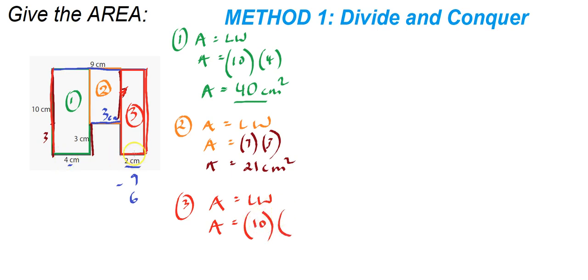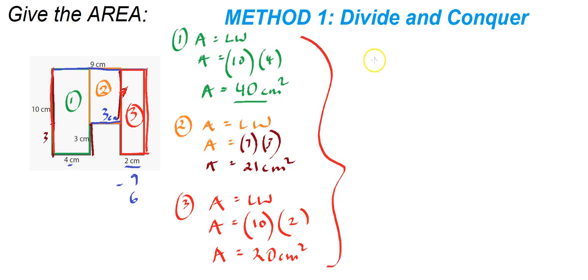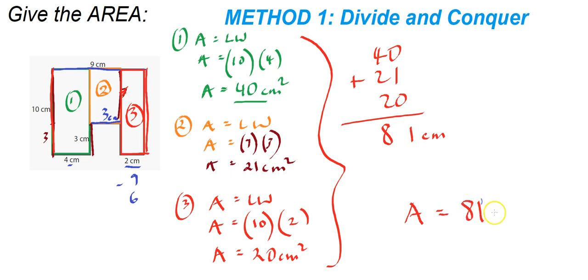I know the width, it's given to me down the bottom, so that's 2. So the area of rectangle number 3 is 20 centimeters squared. So all I need to do now is add 40 plus 21 plus 20. That's 81. So I know that the area equals 81 centimeters squared.